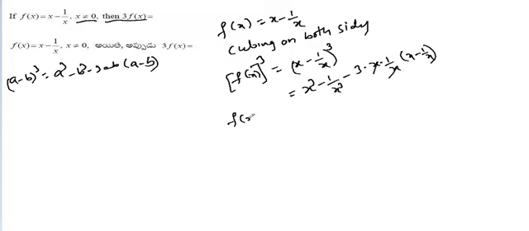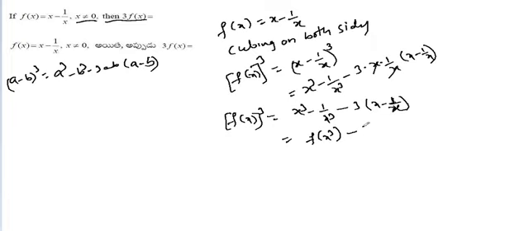Therefore, f of x whole cube is equal to x cube minus 1 by x cube minus 3 into x minus 1 by x. So x cube minus 1 by x cube, that value is f of x cube from the given function, minus 3 into f of x. So 3 into f of x is equal to f of x cube minus f of x whole cube. This is the answer.